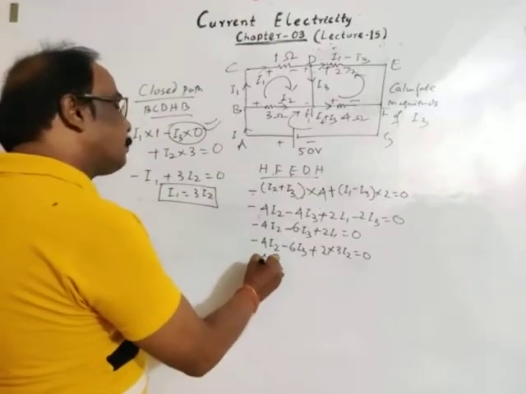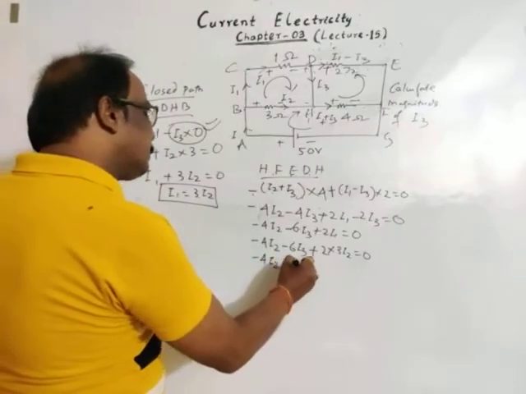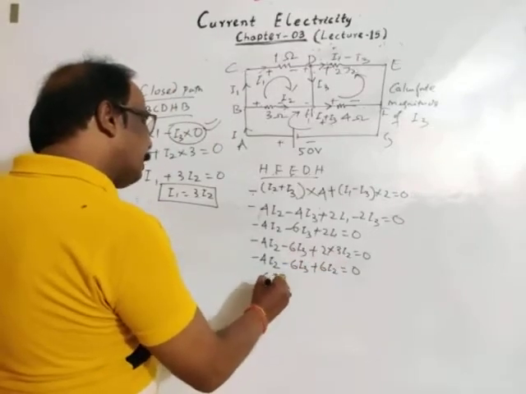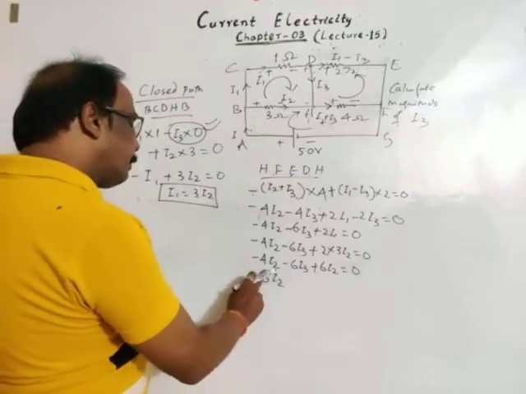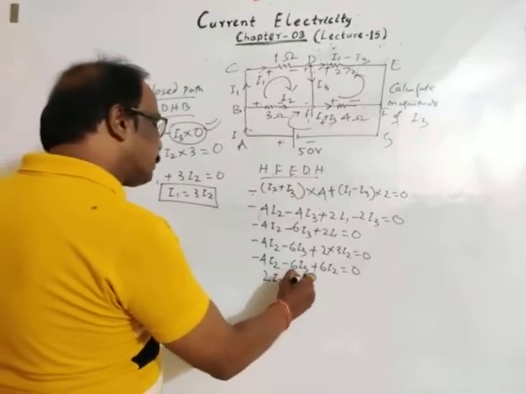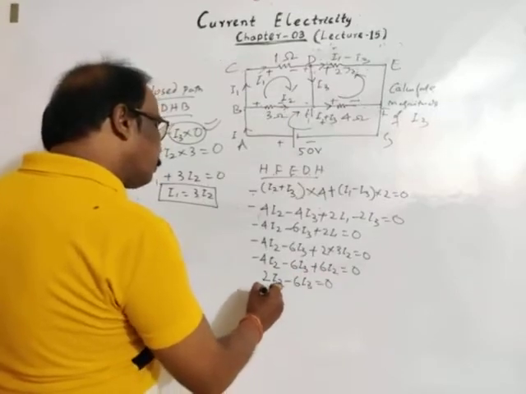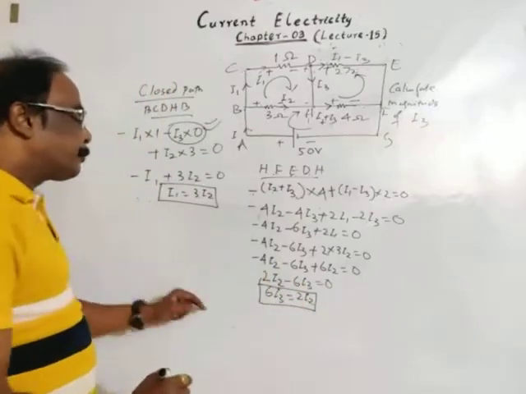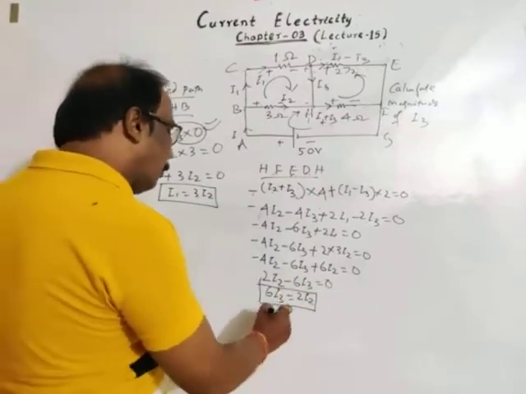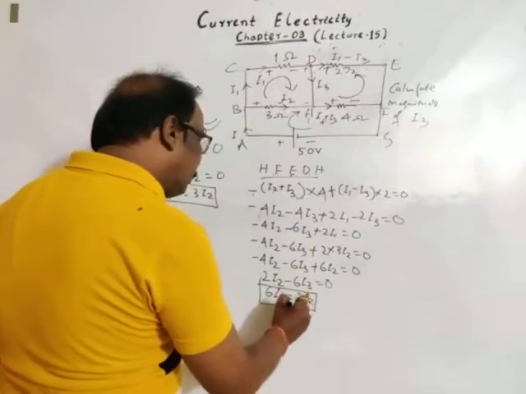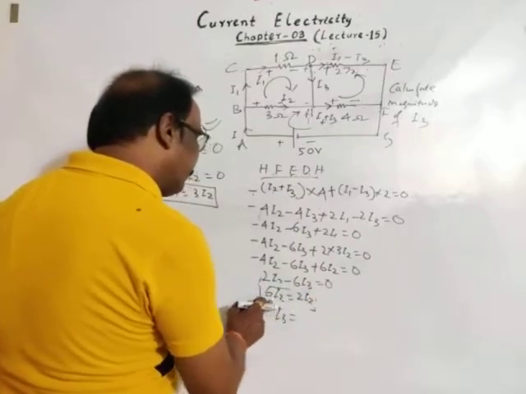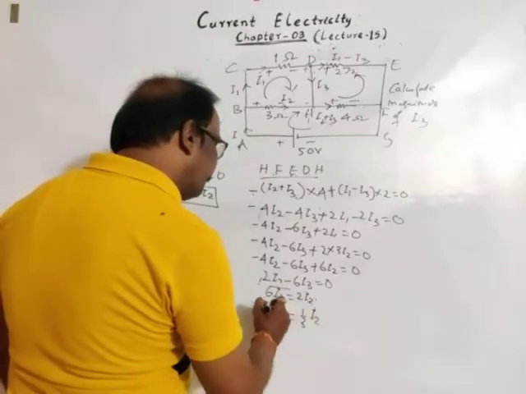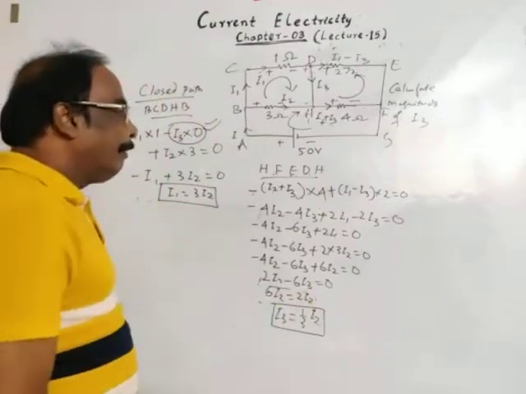So minus 4I2 minus 6I3 plus 6I2 is equal to 0. So 6I2 minus 4I2, that is 2I2, minus 6I3 is equal to 0. So 6I3 is equal to 2I2. Is it clear? I3 is equal to 2 by 6, means I3 is 1 by 3 I2.